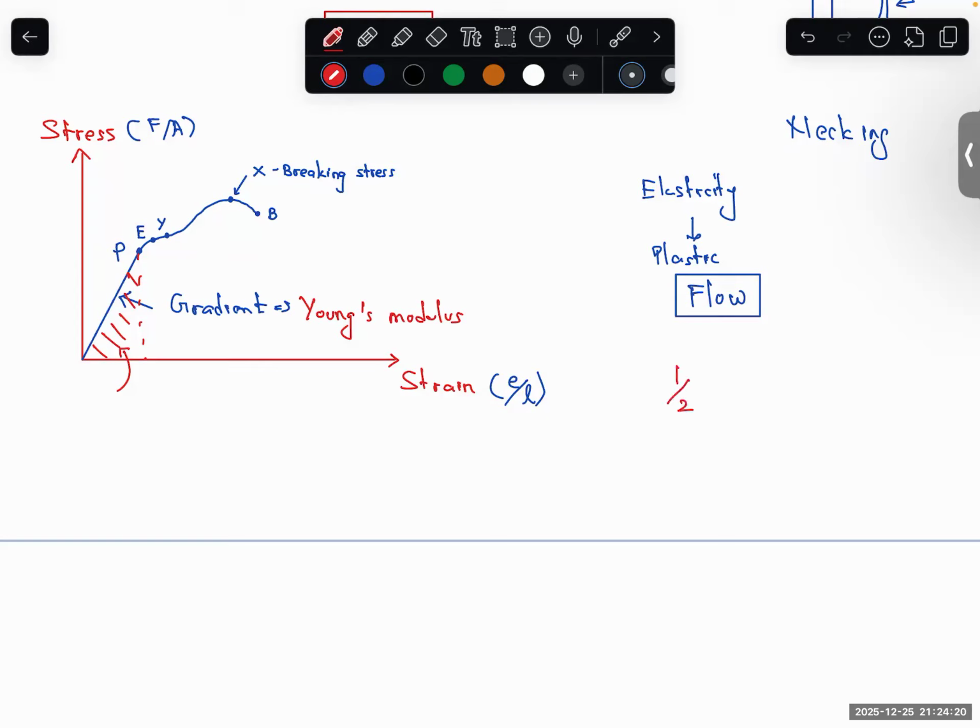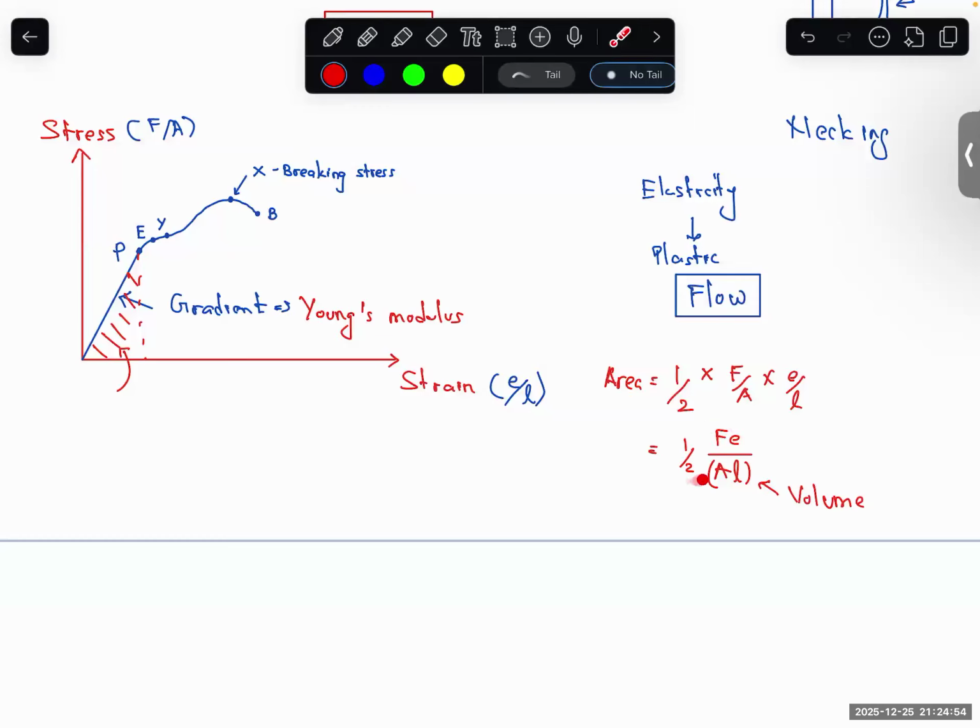Half into the area is actually what? Half into whatever the stress into whatever the strain at that point. So it is similar to half FE, but divided by what? AL. Area into length is what? Volume. In your Hooke's law, the graph had only F and E. That is the total energy.